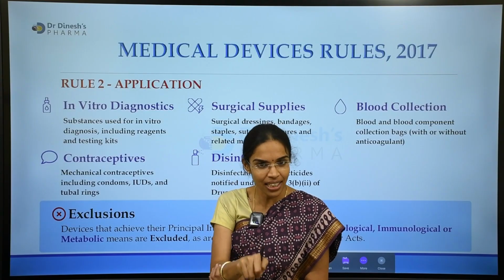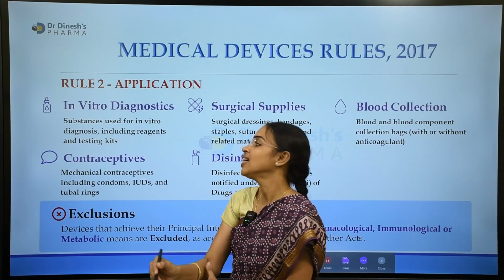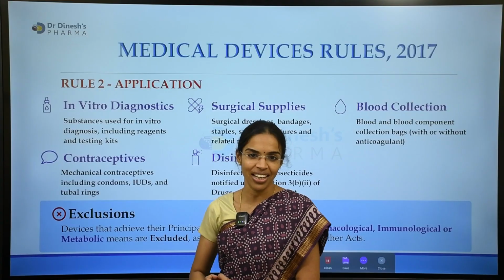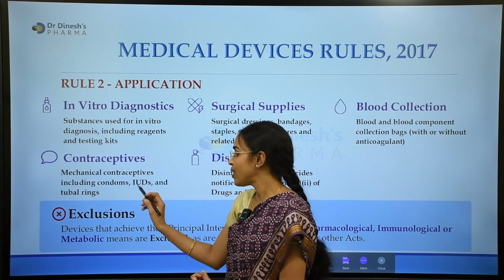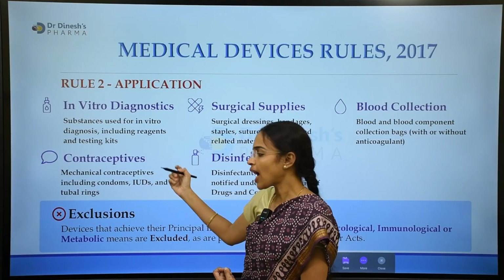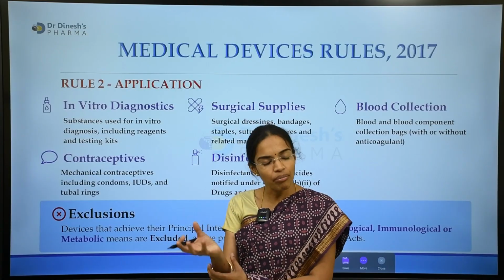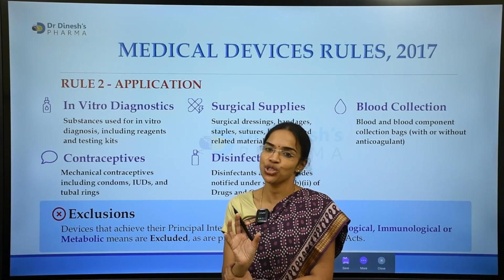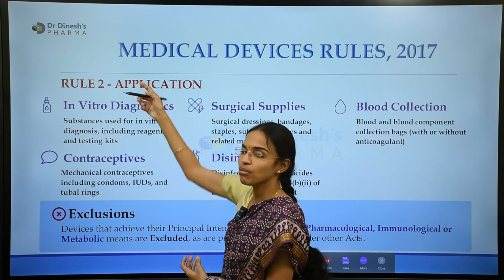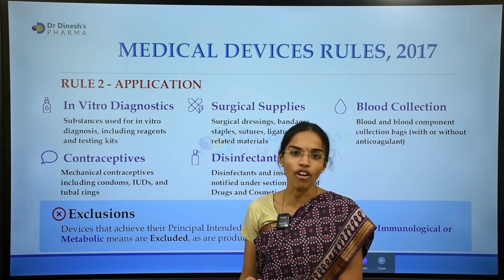If they contain a drug or a pharmacological agent, then again it does not come under a medical device. Plain condoms, IUDs or tubal rings, mechanical means of contraception, also come under Rule 2 of MDR.